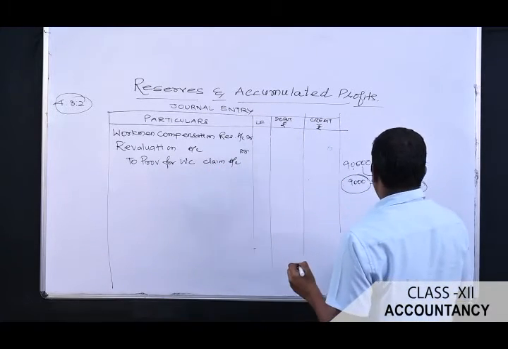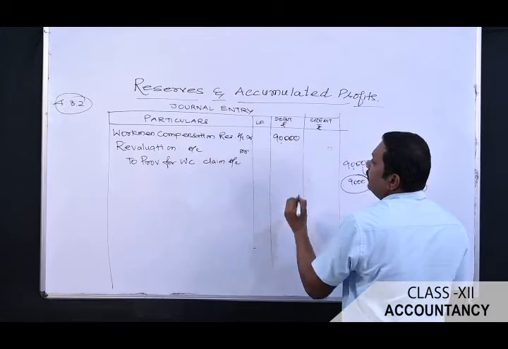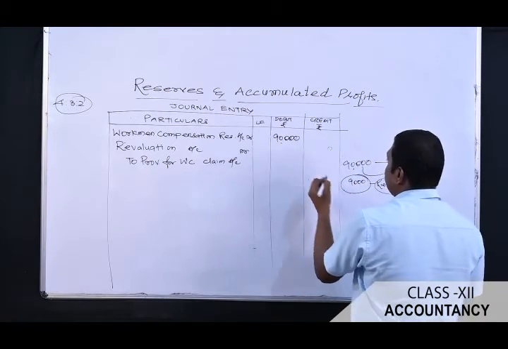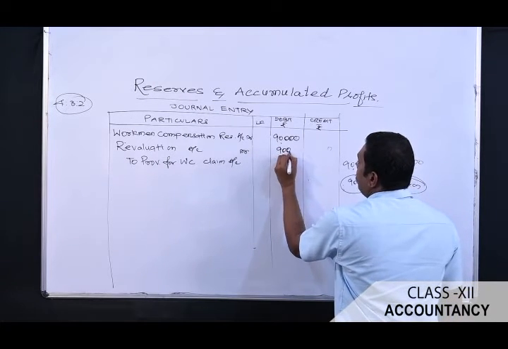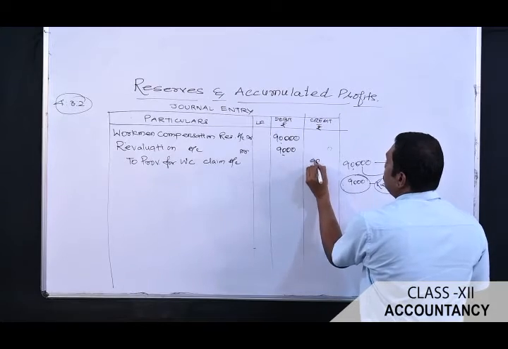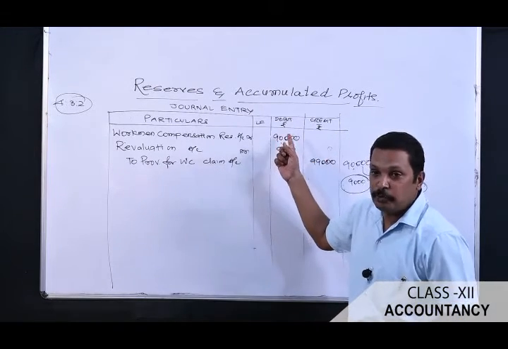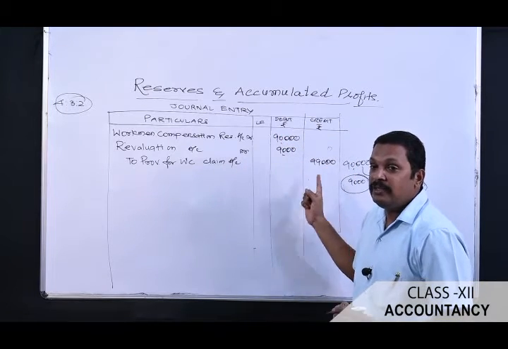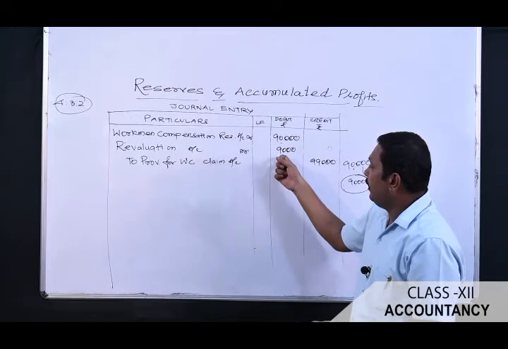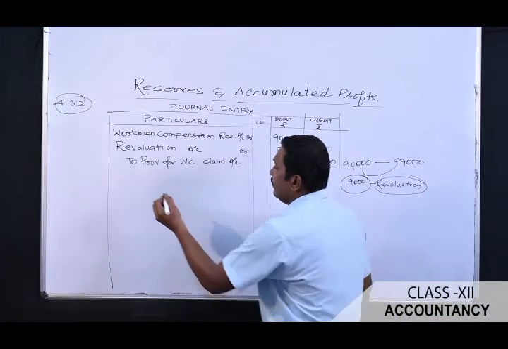So reserve you are having how much? 90,000, and we debit the revaluation account here 9,000. Total claim is 99,000. हमारे पास रिजर्व कितना ही था 90,000 रुपीज ही था, so claim कितना हुआ 99 हुआ, so we debit the revaluation account and through debiting the revaluation account the amount will be credited here.